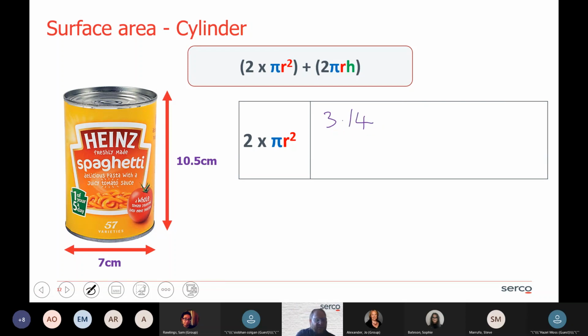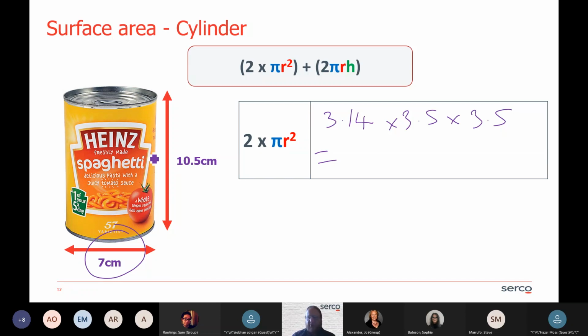Diameter at the bottom is 7 centimetres, so we know our radius is going to be 3.5 centimetres, and we're squaring it, so we do 3.5 again, and I'll definitely have to use the calculator for that one. 3.14 times 3.5 times 3.5, I make that 38.465.